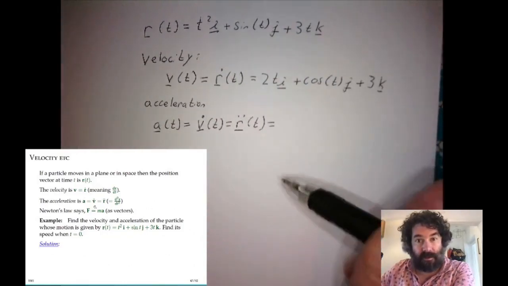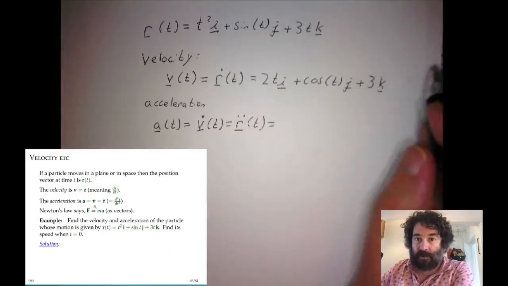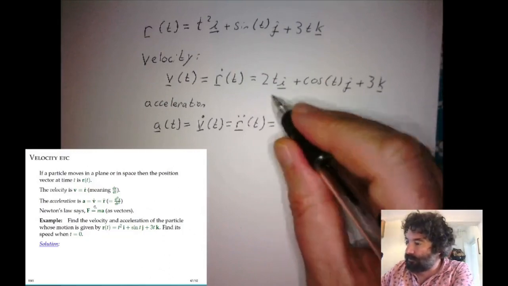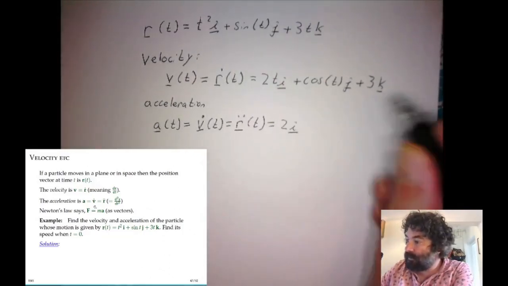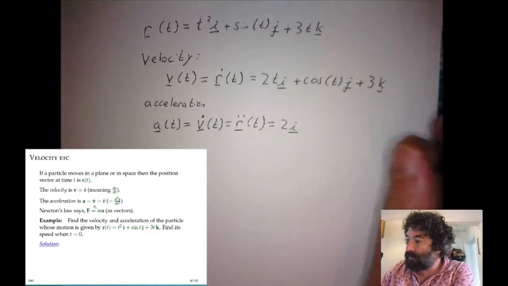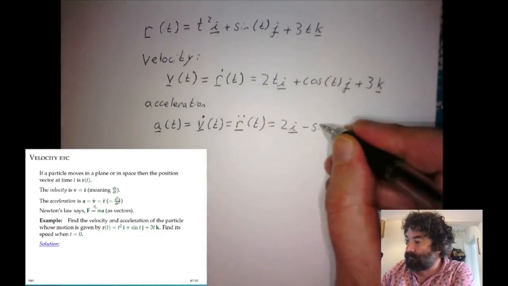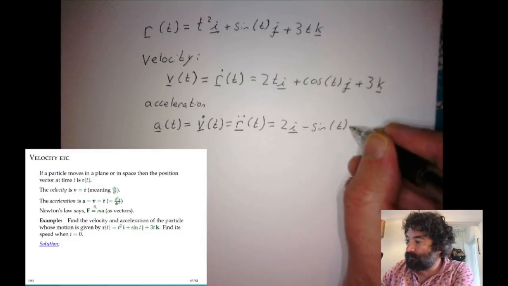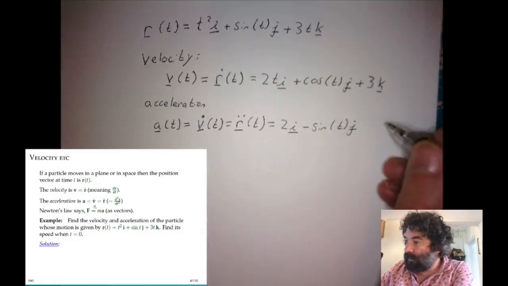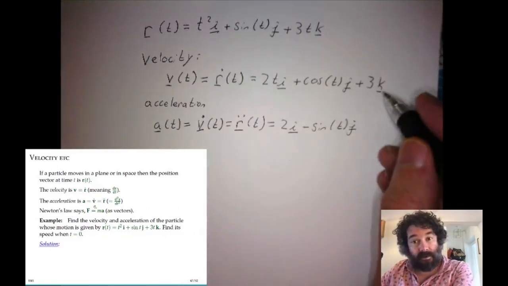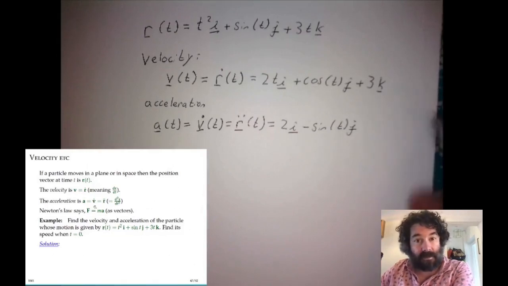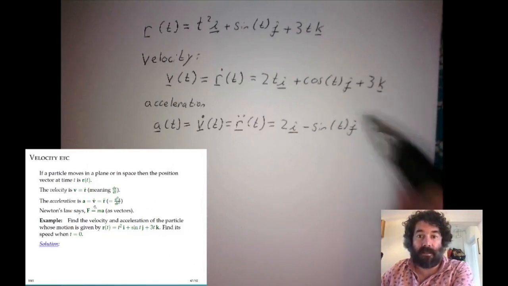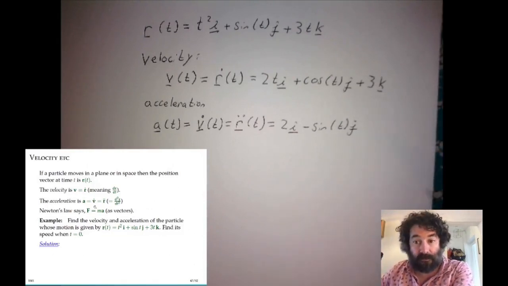You just take the derivative component by component. The derivative of 2t is 2. The derivative of cosine is negative sine. And the derivative of 3 is 0, so there's no k component, no component parallel to the z-axis, in the acceleration vector. So this gives the velocity and acceleration vectors for this motion.